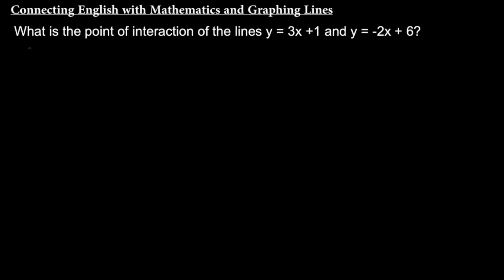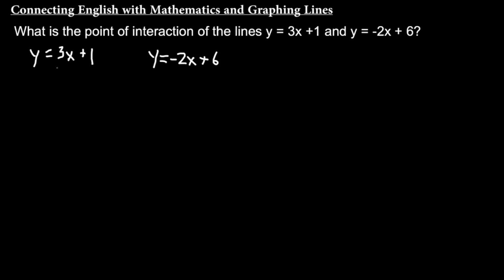First, you need to write out both of the equations: y equals 3x plus 1, and y equals negative 2x plus 6. Notice how both equations have y equals an expression. So we can substitute them into each other.